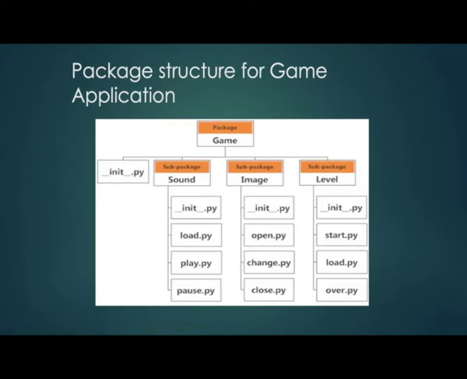In this slide, I have shown a tree structure with the game as the root, and the game has 3 children: sound, image and level. Any computer game has images to be shown, some sound to be played, and a level of difficulty to be set.